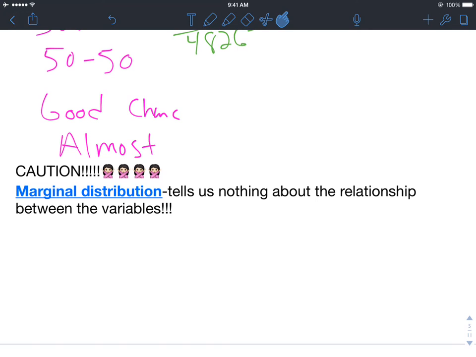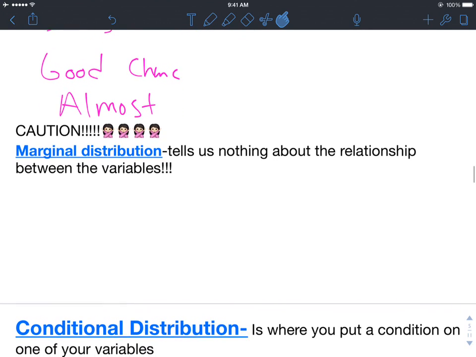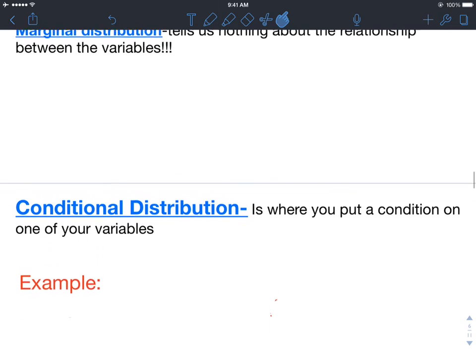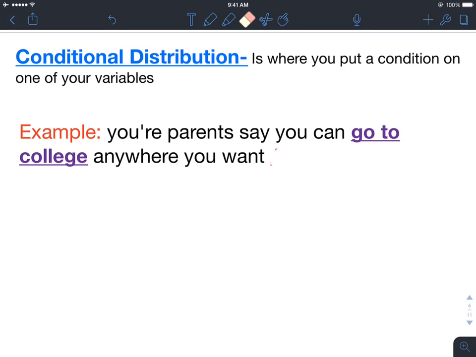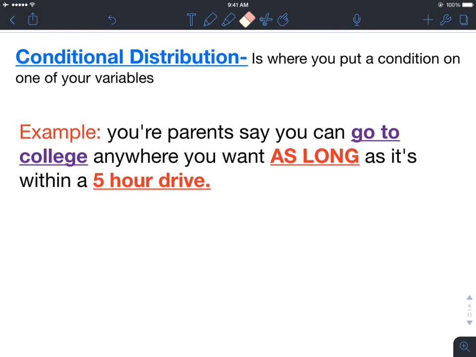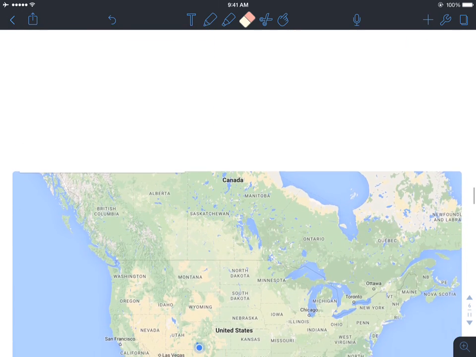To actually compare the variables, we will look at conditional distribution. Conditional distribution is where you just put a condition. For example, your parents say you could go to college anywhere you want. The condition comes in: as long as it's within a 5-hour drive. So now this is a condition. You could go to college, but it has to be within 5 hours.